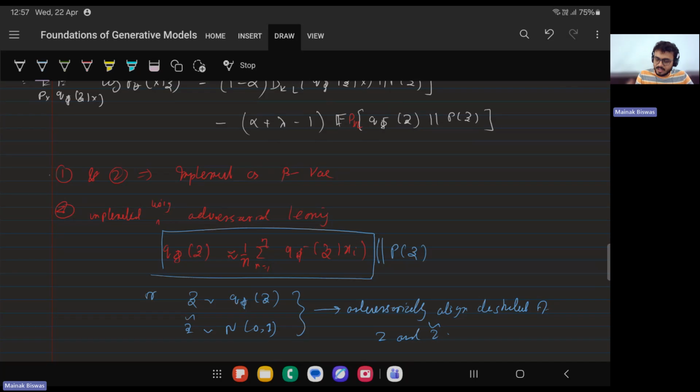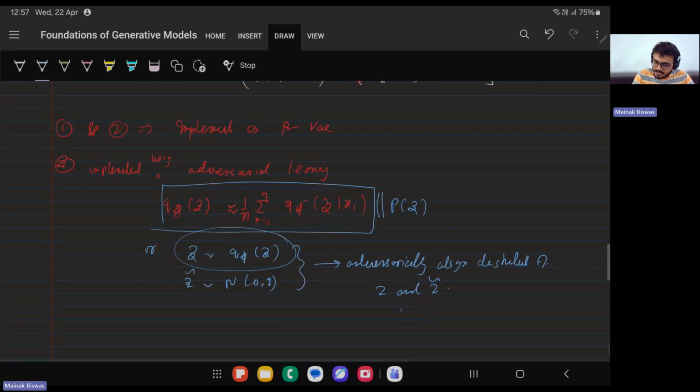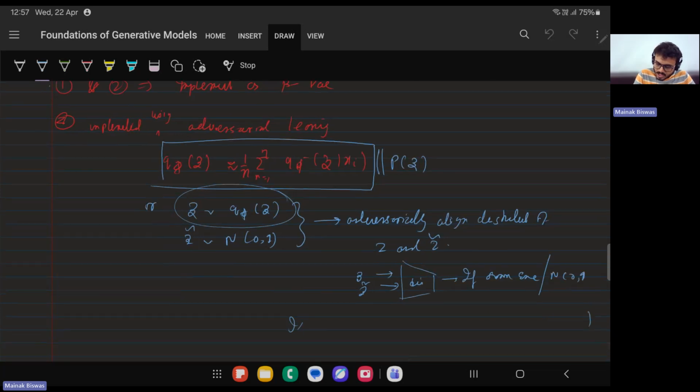When you do adversarial learning, you'll see how I can get Zs from q phi of z, and I can always sample from normal 0, 1, and I can get a discriminator. The discriminator will say if it is from the encoder or from normal 0, 1. If the discriminator is not able to say, then we have aligned the representations.